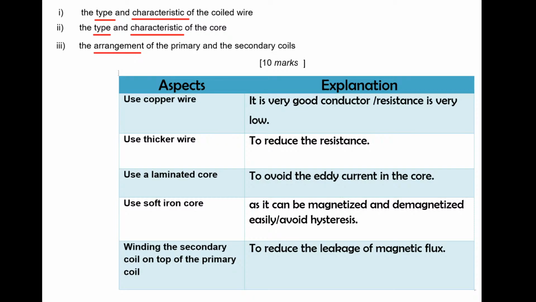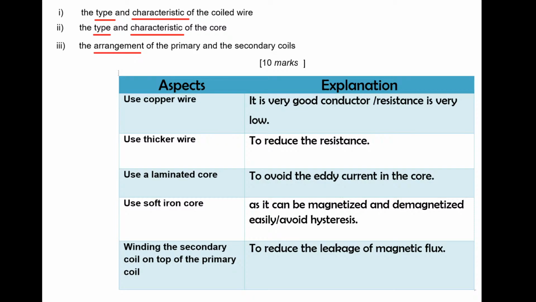Use the laminated core to avoid the eddy current in the core. Then use a soft iron core as it magnetizes and demagnetizes easily, to avoid the hysteresis. Last one is winding the secondary coil and the primary coil on top of each other. The reason is to reduce the leakage of the magnetic flux.